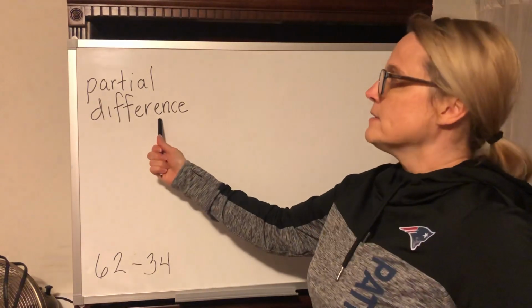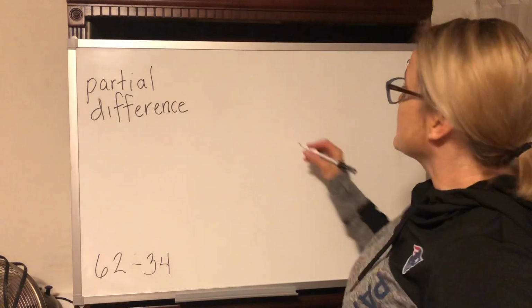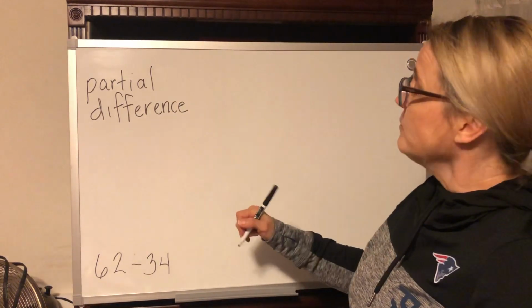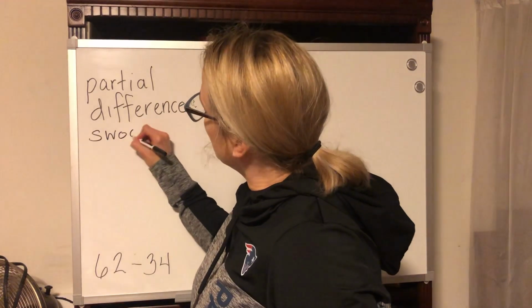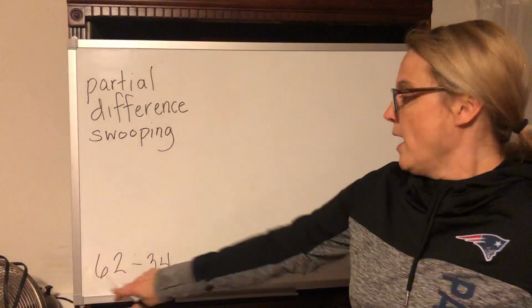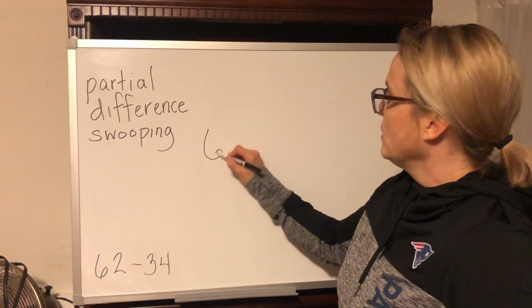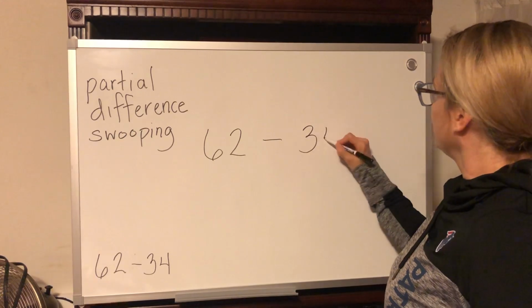So this partial difference means it's going to be the answer in subtraction. Sometimes friends, we call this swooping in Mr. DeJordy's class. So I'm going to put these 2 numbers here, 62 minus 34.